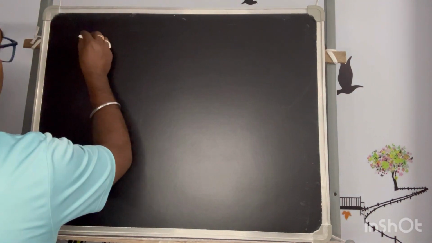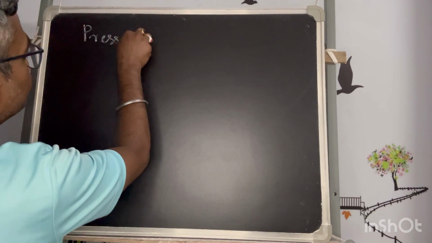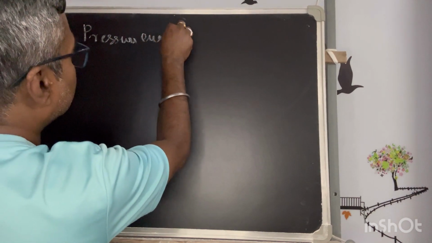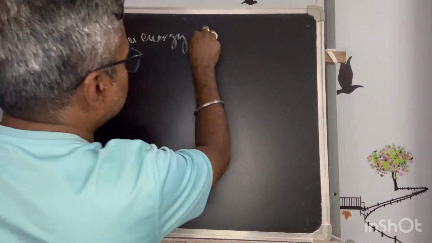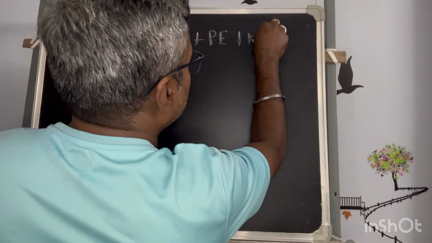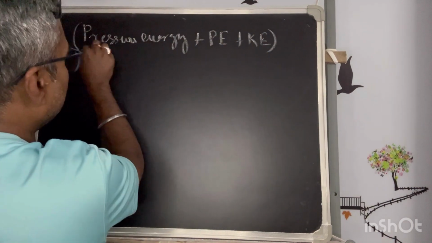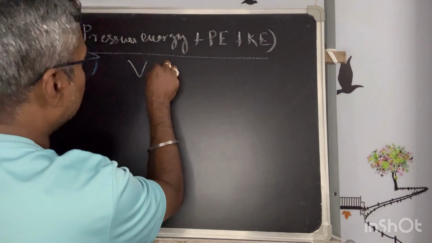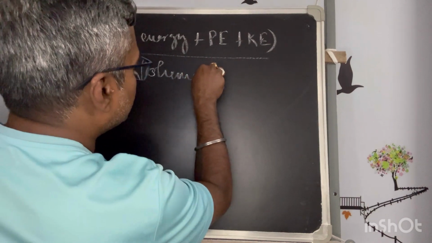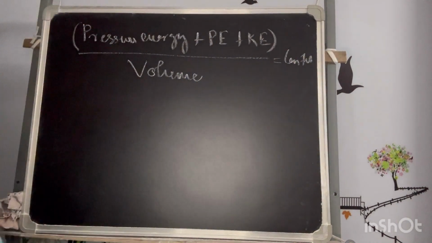That means energy is conserved, and that energy is given by the pressure energy plus potential energy plus kinetic energy per unit volume is equal to constant. So this was my formula.